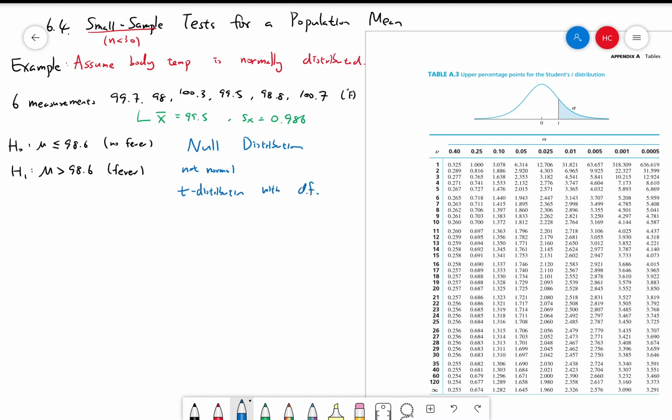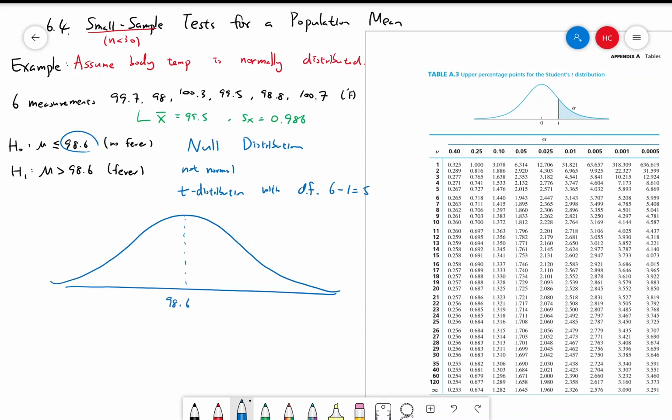Because the sample size is 6, the degrees of freedom is 6 minus 1, which is 5. The mean of the null distribution is still the number that appears in the hypothesis test, so it's 98.6, and our sample mean is 99.5.